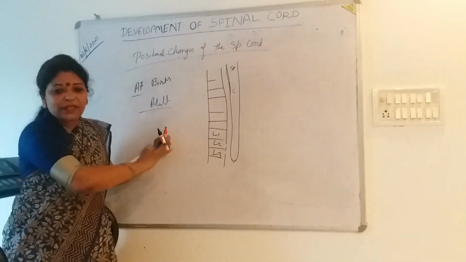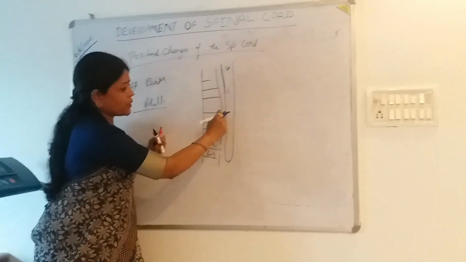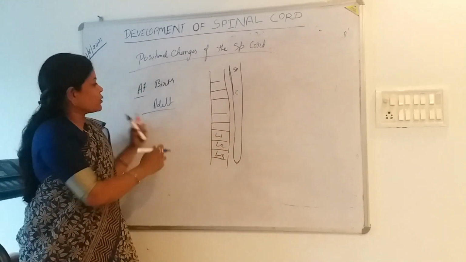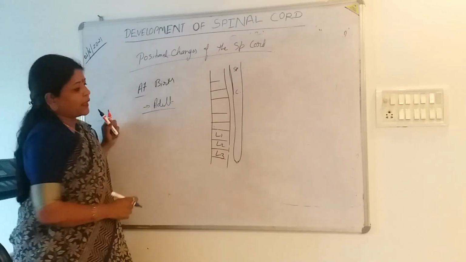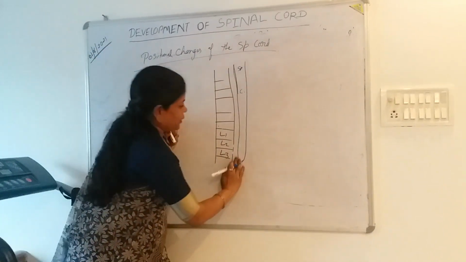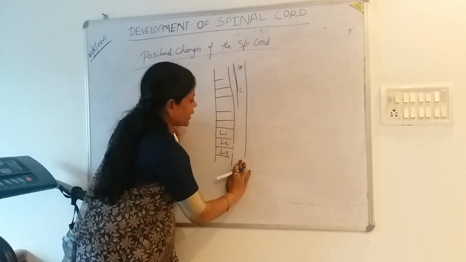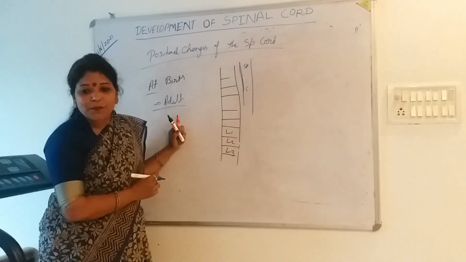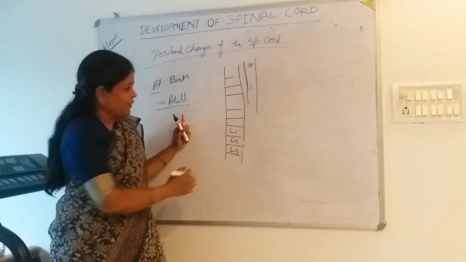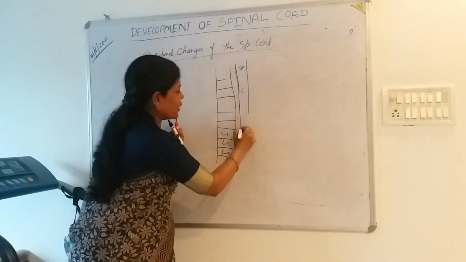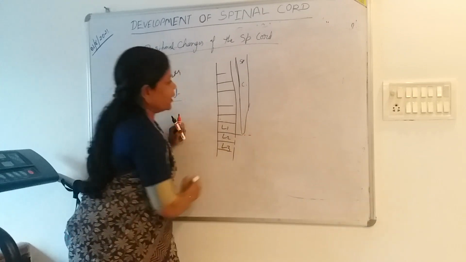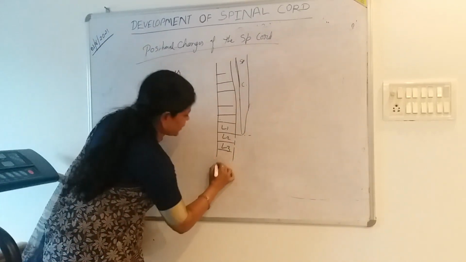So there is differential growth between the two structures, the spinal cord and the vertebrae. So in the adult spinal cord, the level of the lower end is again shifted upwards. What will it be now? Lower border of L1. Yes, very good. Lower border of L1 or upper border of L2, the junction. So this is in the adult.